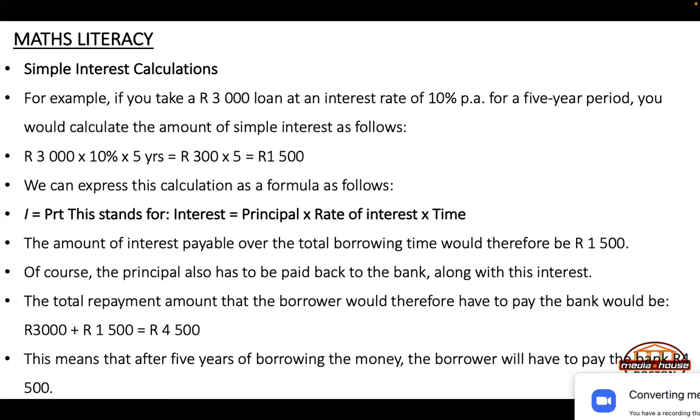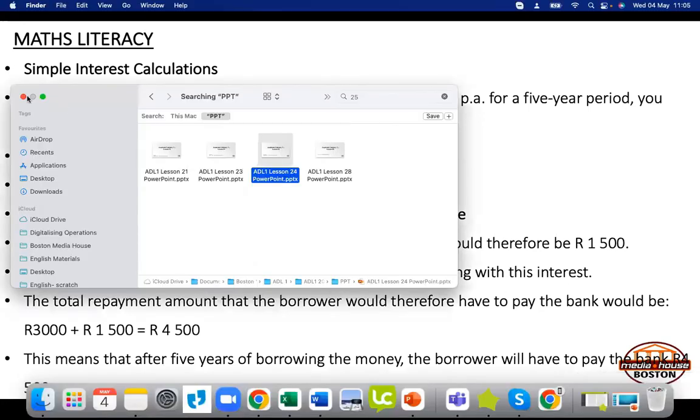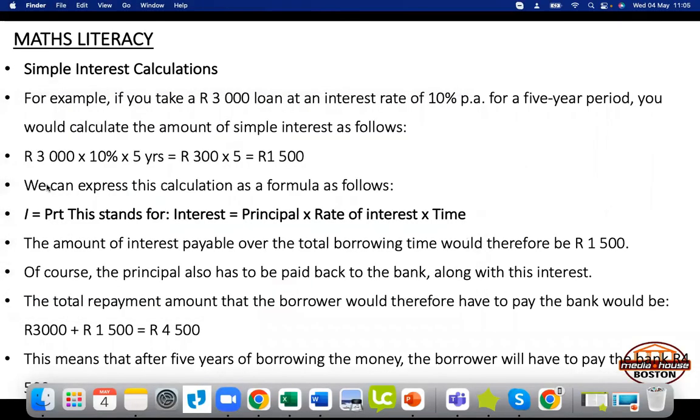We can express this calculation as a formula as follows. I = PRT, this stands for interest, and it equals the principal times the rate of interest times the time. So we see that 3,000 is the principal, the interest rate is 10%, and the time is 5 years. The amount of interest payable over the total borrowing time would therefore be 1,500.